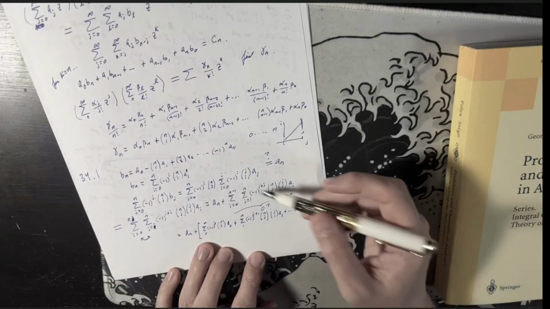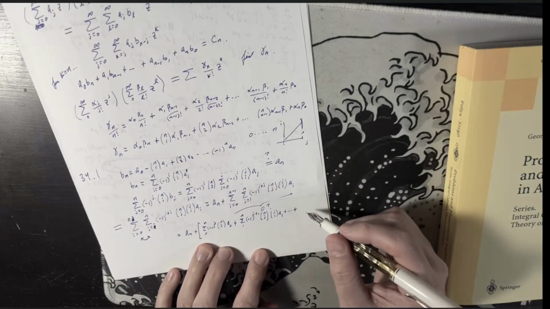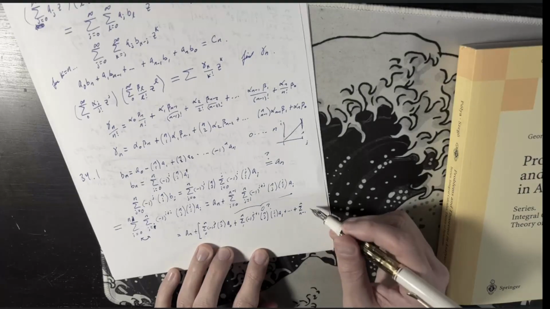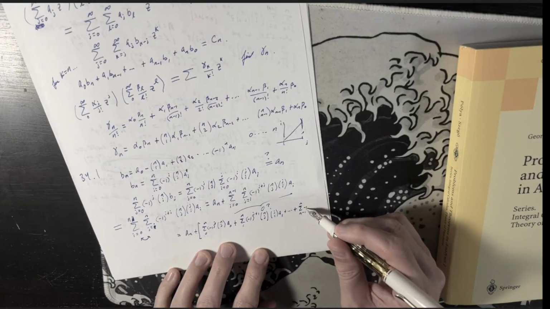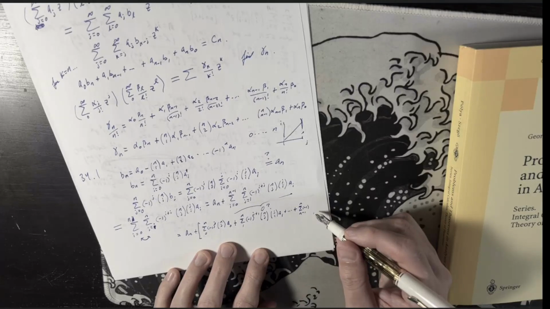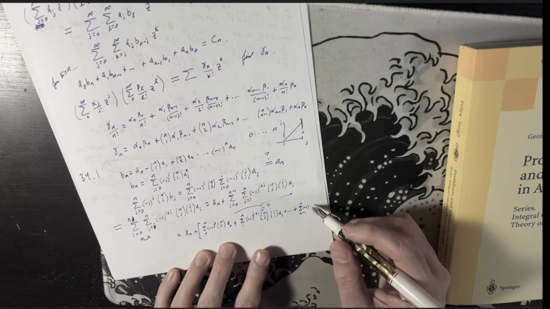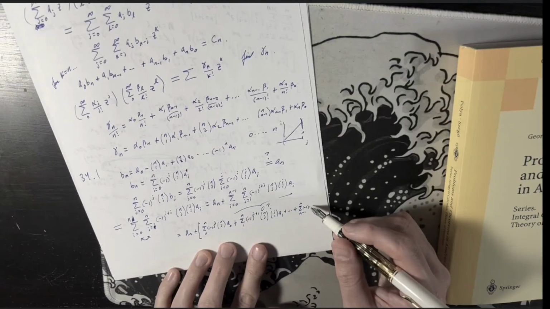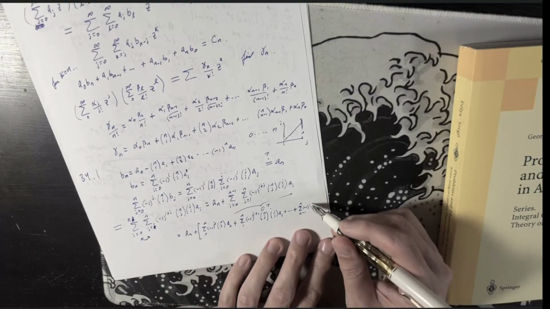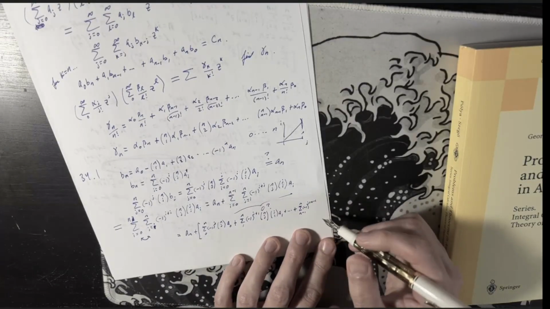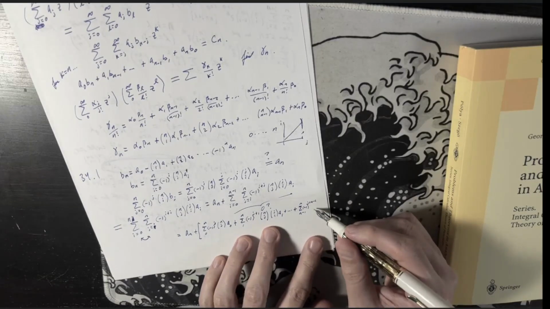And then on the last term, n minus 1, the sum from n minus 1 to n, j plus n minus 1. And then n choose j is always the same.